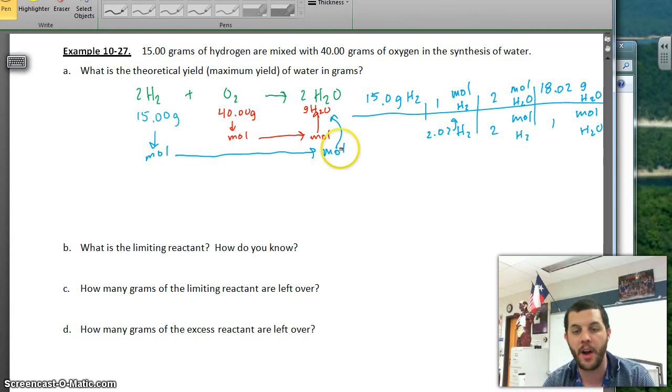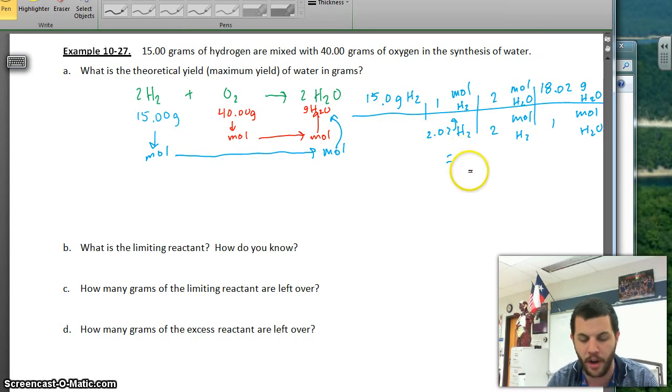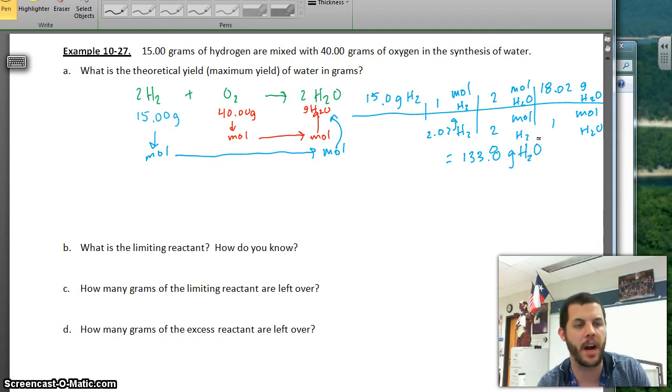So with this 15 grams of hydrogen, I can make, to 4 sig figs, 133.8 grams of water.